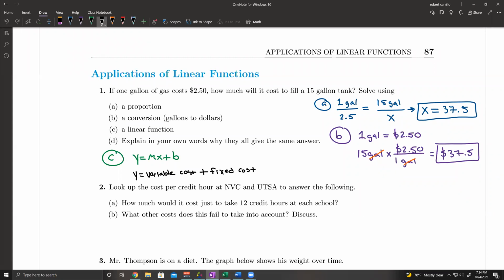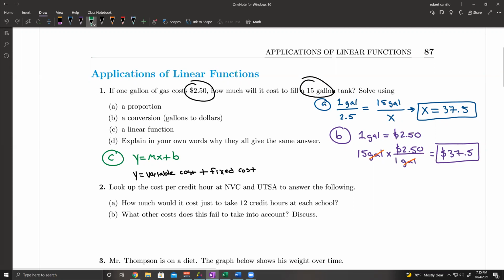So out of 2.50, and if it's going to be 15 gallons, which one do you think would be a variable cost? Wouldn't it be the 15 gallons?